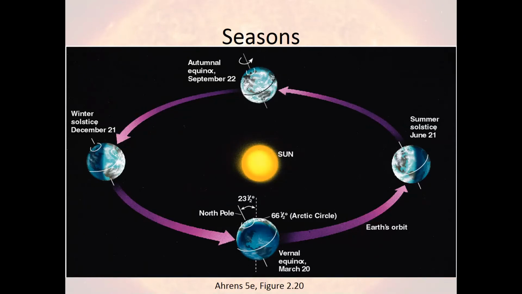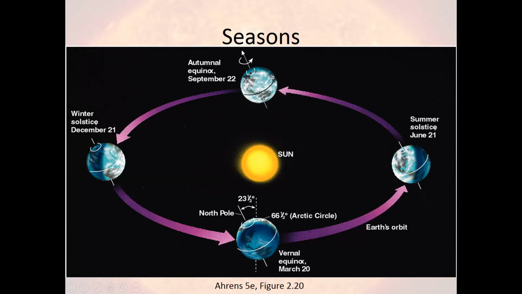Now, with all of this said, the reason why we have seasons isn't just because the Earth's axis is tilted, but because that tilt stays pointed in the same direction as the Earth orbits the sun.